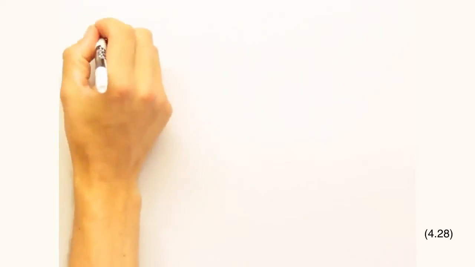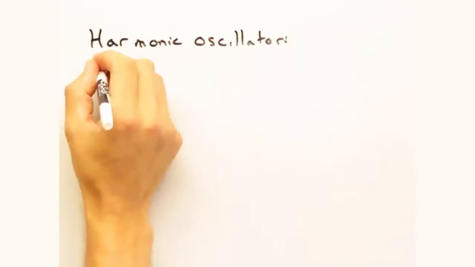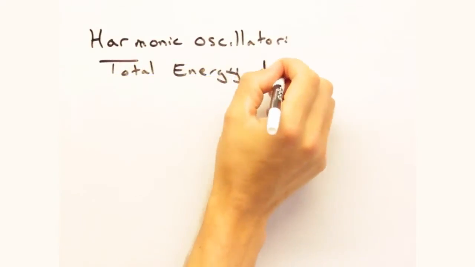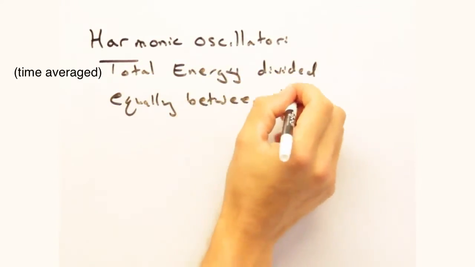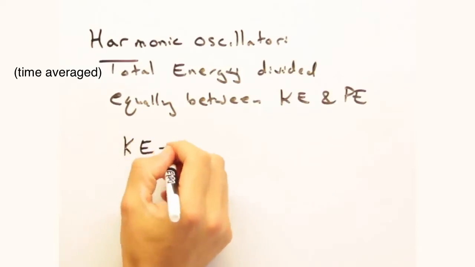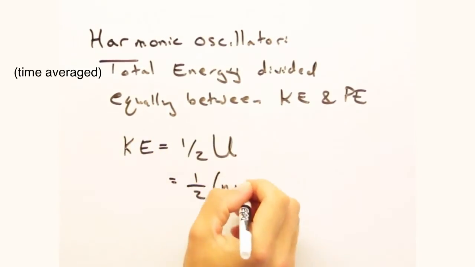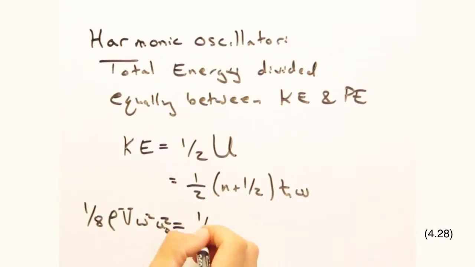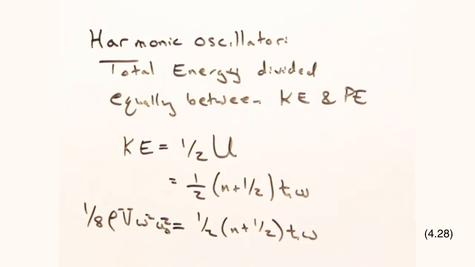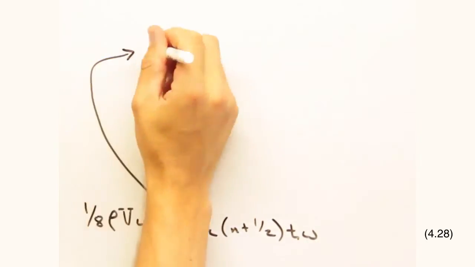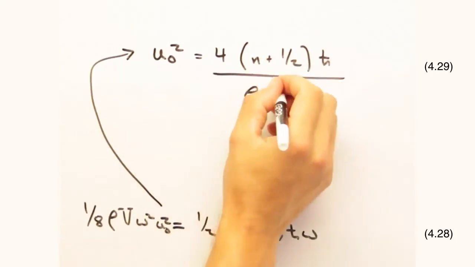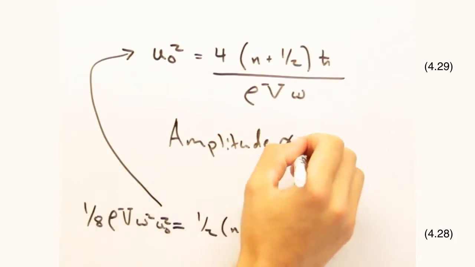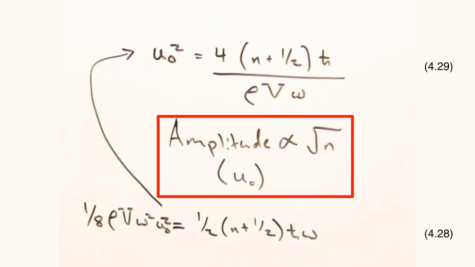For a harmonic oscillator, the total energy for a particular vibrational mode is divided evenly between kinetic and potential energy, giving us half the total energy for our kinetic energy. So then if we set these two expressions for kinetic energy equal, we can move some stuff around and get a relationship between the amplitude and the square root of the phonon population, n. Cool. So more phonons of a particular q means that mode has greater amplitude.